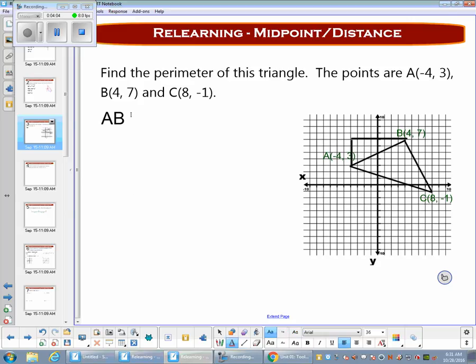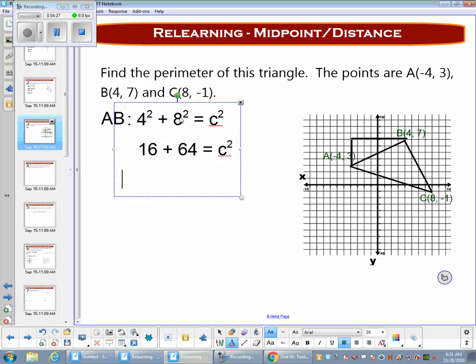So with this, I'm going to do 4 squared plus 8 squared equals c squared. So that's 16 plus 64.